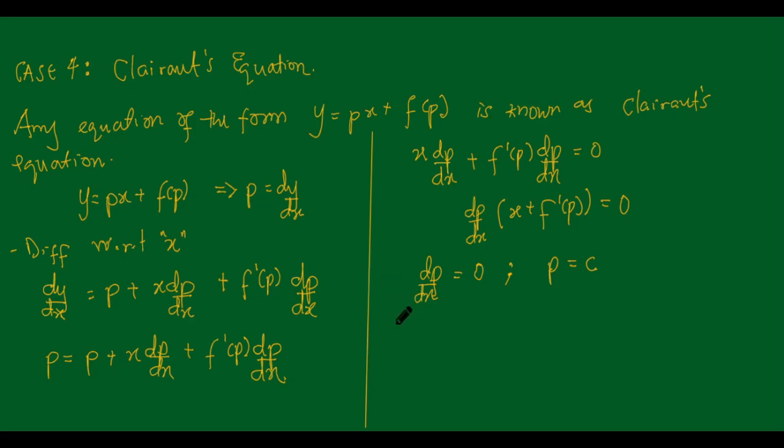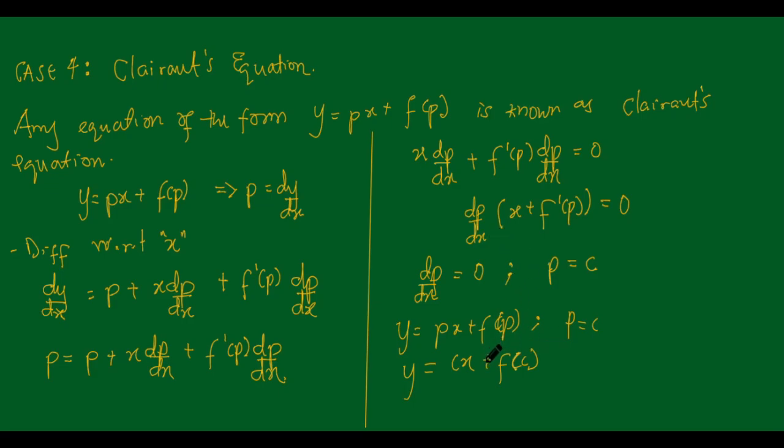You can now substitute this back into the original equation, y = px + f(p). Now, p is equal to c, so we have y = cx + f(c).